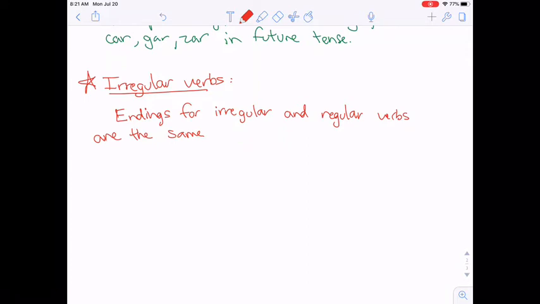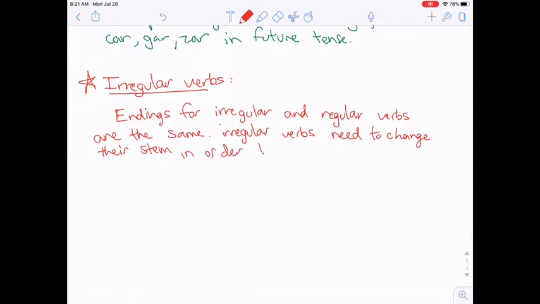So what you do for irregular verbs, you need to change their stem in order to add the future endings.